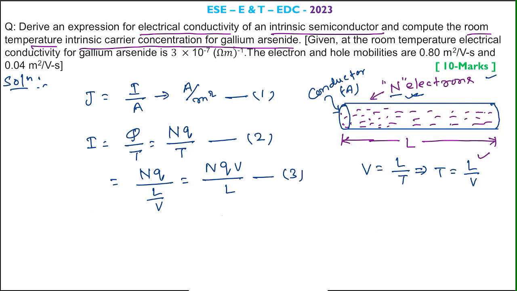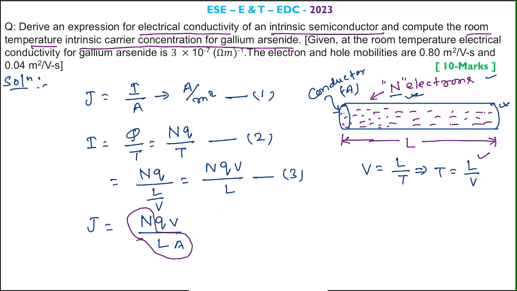Now we need to substitute this I in equation 1. So this can be written as J = NQV/(L·A). For this conductor, the area of cross section is A and the length is L, so the total volume is L into A, and capital N is the number of electrons in this conductor.